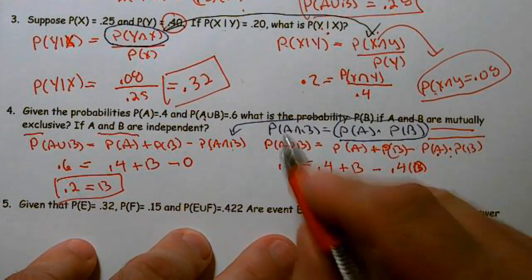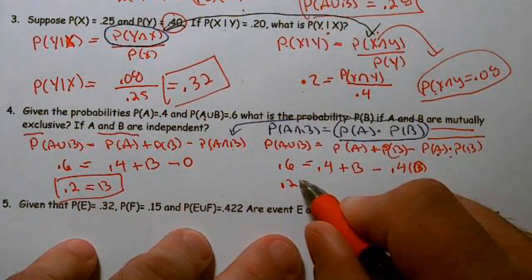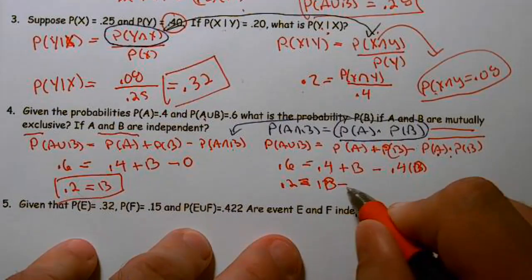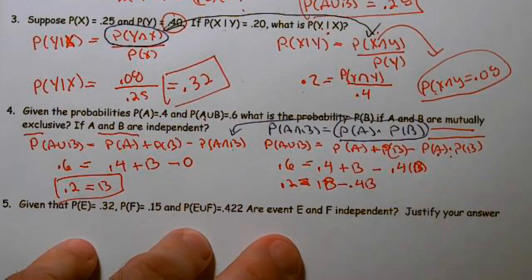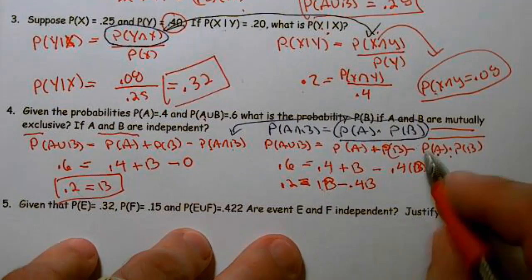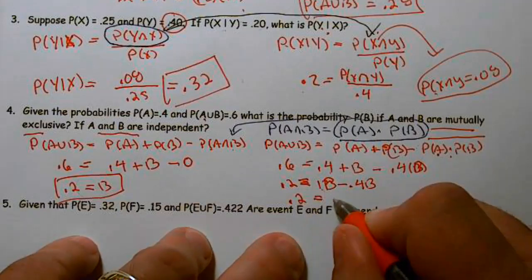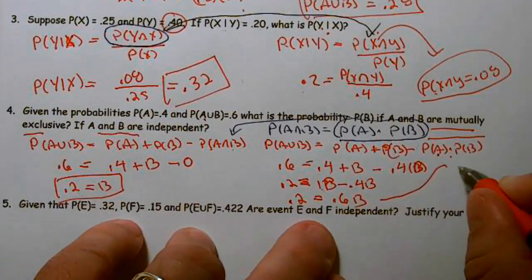Well, I can subtract this and I get 0.2. So 0.2 equals 1B minus 0.4B. Well, 1B minus 0.4B is 0.6B. So I end up with 0.2 equals 0.6B. And I'm going to write that over here, that same thing.